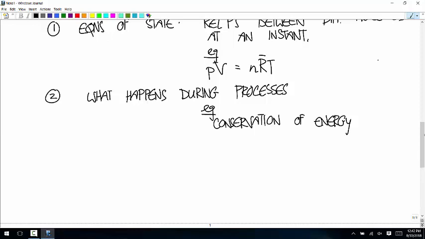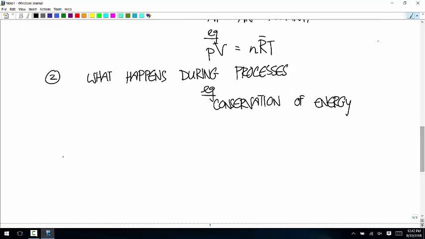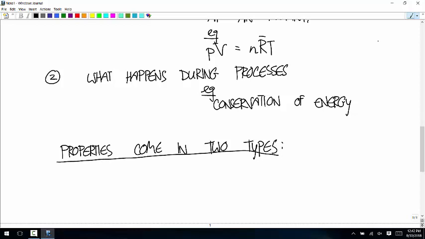So let's break up properties. They come in two types: extensive and intensive.